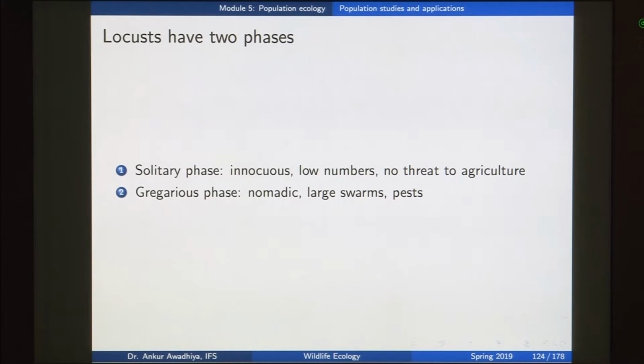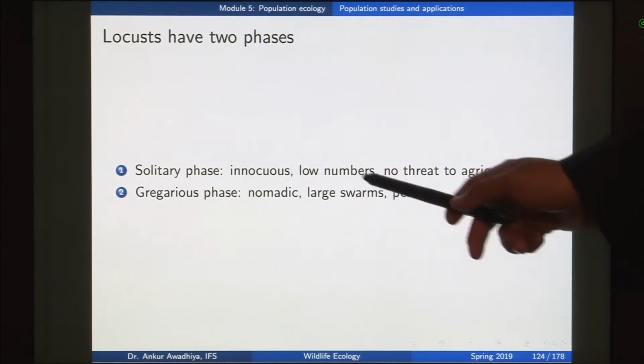So, the first phase is a solitary phase, and in the solitary phase they behave more like grasshoppers, in which case they are innocuous, they have low numbers and they do not pose a threat to either agriculture or to the habitats. And then there is the second phase, which is a gregarious phase, which is a nomadic phase. So, these locusts make large swarms. So, it is a swarming phase.